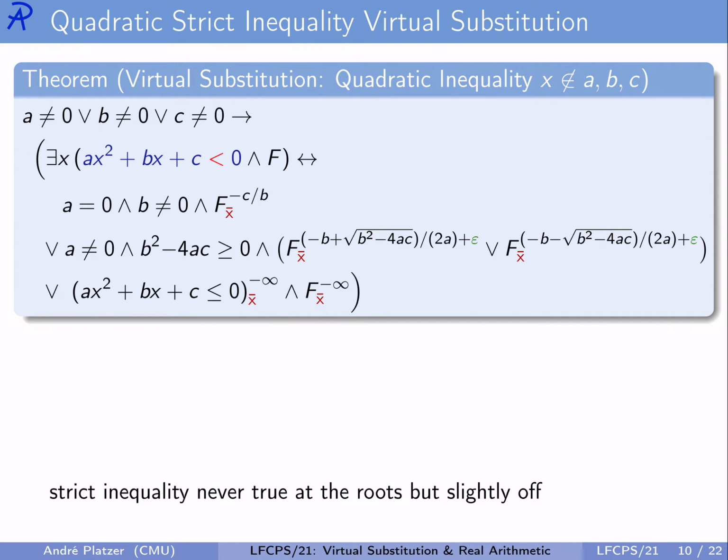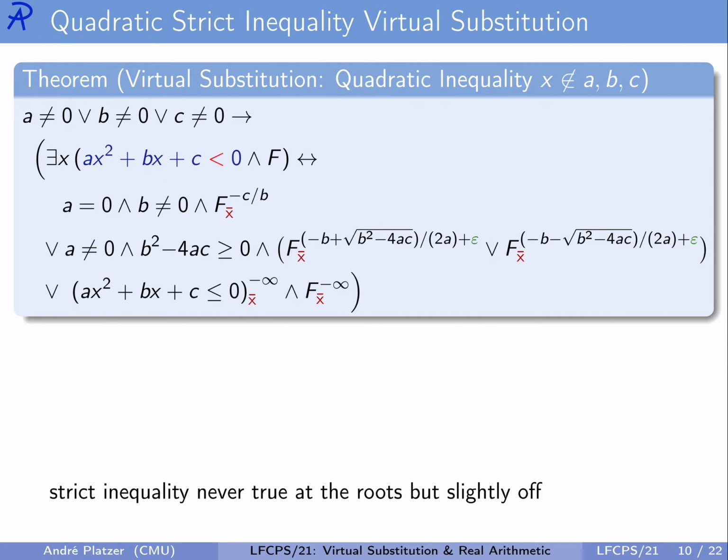We need to plug in a number that is really tiny, because the square root solutions will not make the strict inequality true. Only points that are slightly off will make it true. But no matter which concrete number I plug in for epsilon, it might have been just a little bit too big.